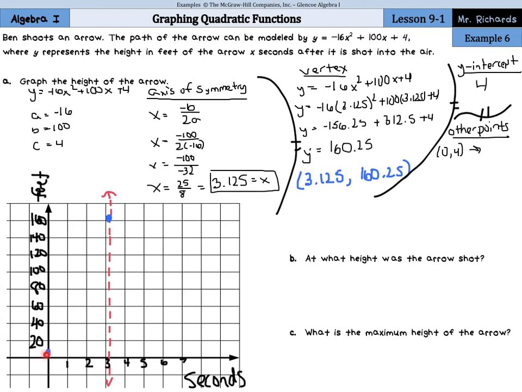Well, right now, the distance from here to here is 3 and 125 thousandths. So from this imaginary point over here, we have to go another 3 and 125 thousandths. So if we look at where it would be on the axis of symmetry going straight across, that would be at the point 3 and 125 thousandths, 4.